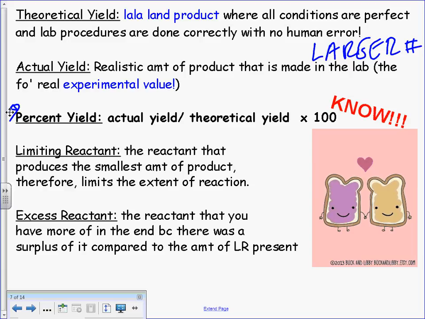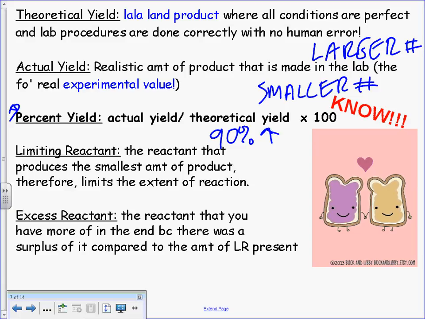Because the actual yield is, in reality, what we're going to get. We do make error, we lose product, we make mistakes, we don't get all of the fluid out of a graduated cylinder and so forth. So usually it's the smaller number that we are dealing with. So most of the time when people get percent yield, a really, really good student might get what percent yield? 98, right? A really good student might get 90% and up yield.